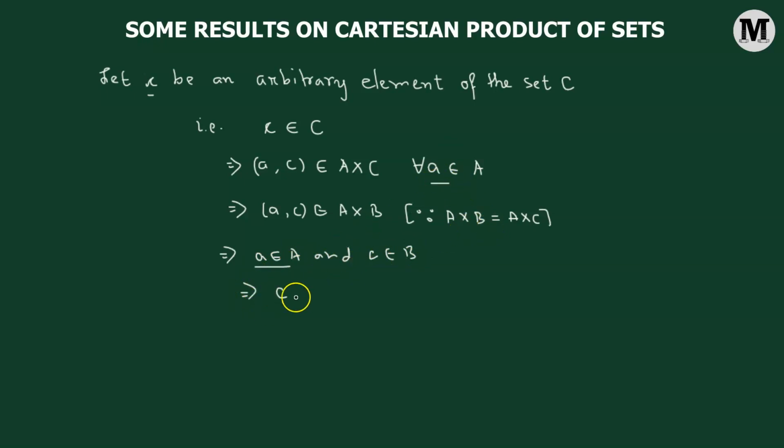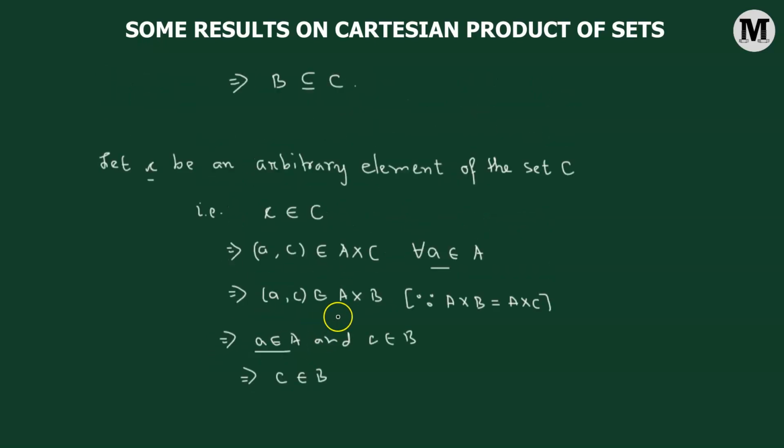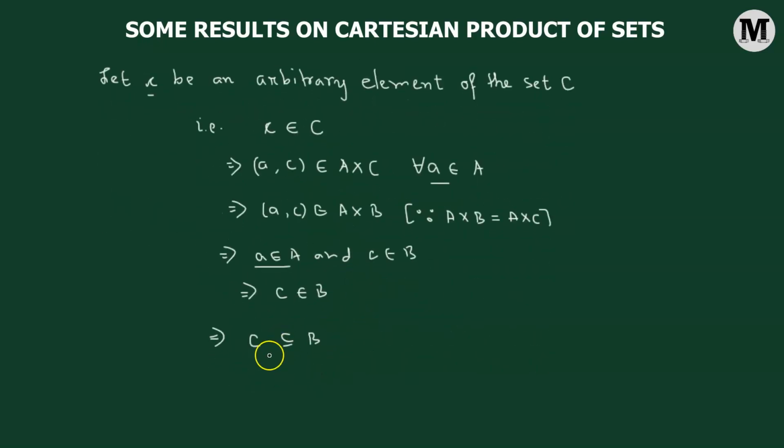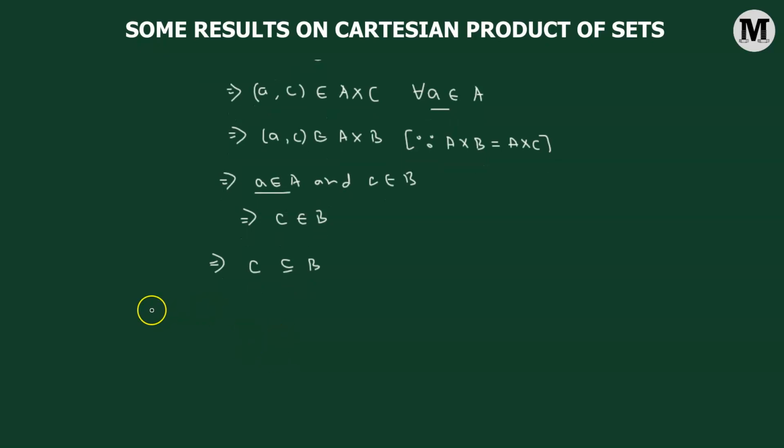So that means c is going to belong to B. We started out by considering the element c belonging to the set C, and we have shown that c also belongs to the set B. So this implies that C must be a subset of B. Previously we showed that B is a subset of C, and now we have shown that C is a subset of B. Since B is a subset of the set C and C is also a subset of the set B, this means that B must equal the set C, provided that the Cartesian product of A and B equals the Cartesian product of A and C. Hence proved.